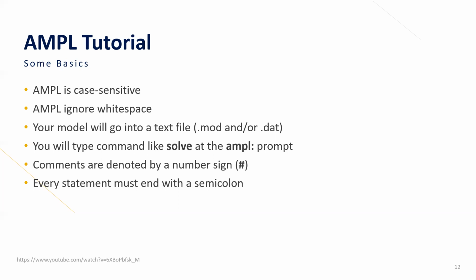And then for AMPL, for the data and the parameters, it basically ignores white space. What does it mean? For example, if you have one space, two spaces, or three spaces to separate, let's say, the param and the parameter name in your models or in your data, it's basically ignored.